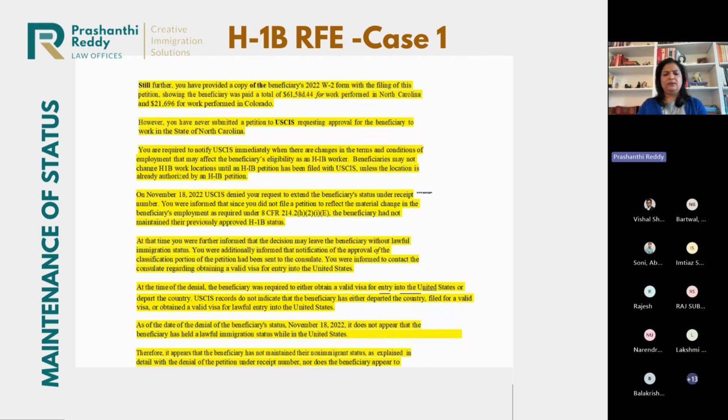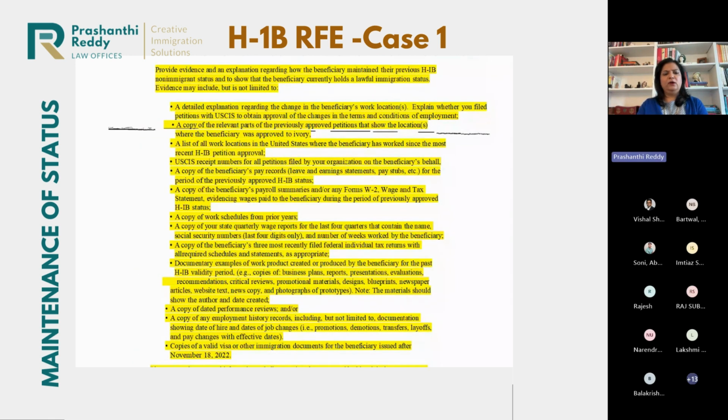The record shows that the person is still in the US, so they want to know on what basis they've been working since 2022. This is now 2024. Therefore, it appears, the last paragraph, that the beneficiary has not maintained their non-immigrant status as explained and detailed above, right? This is all that they're saying. Next page.